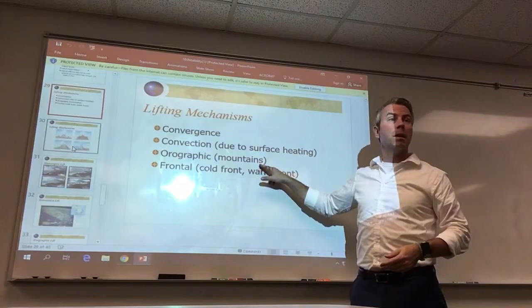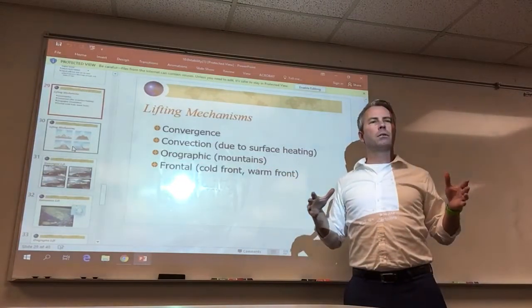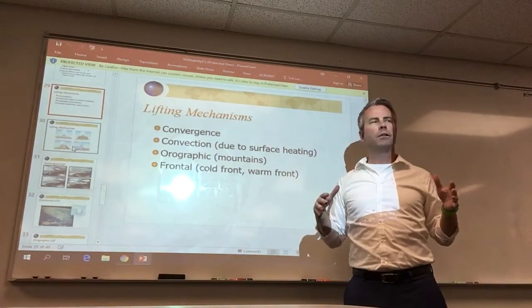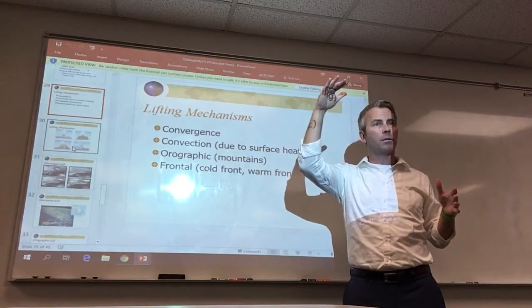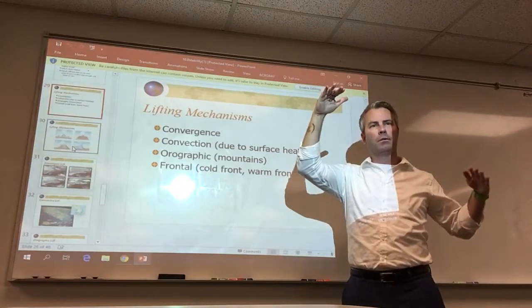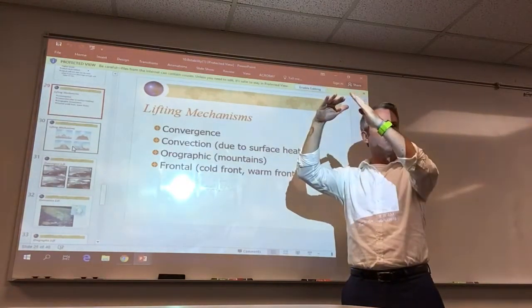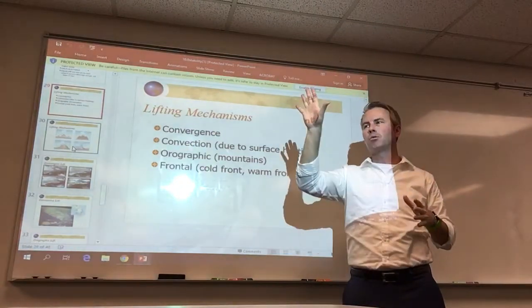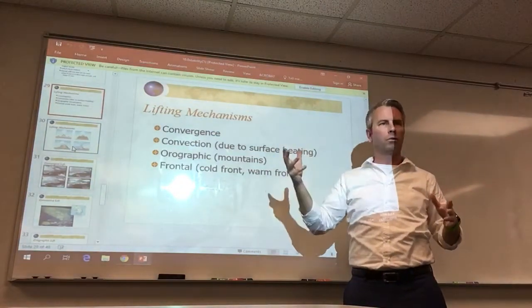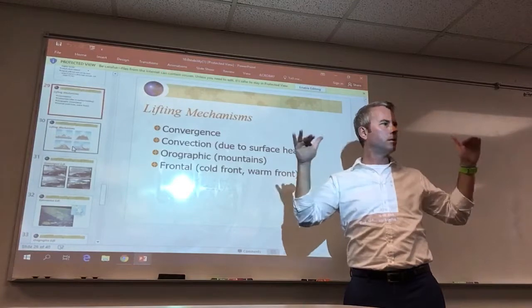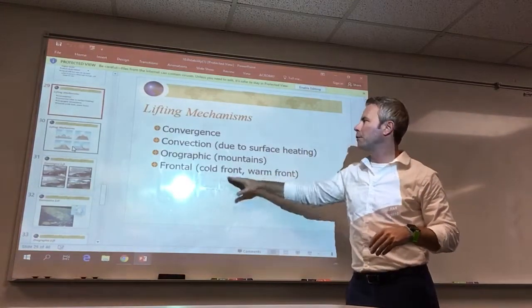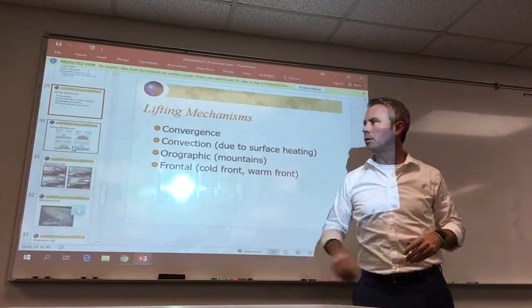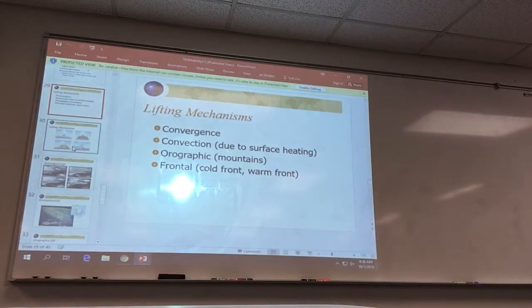Orographic lifting is mountains. If you've ever been out, or if you've seen pictures of mountains out west, do you ever notice sometimes they've got little clouds right on top of them? That's an example of air hitting the mountain. It moves up, so it's forcing its way up, and of course it cools to the point where it condenses. There's our cloud. And then of course we've got frontal lifting as well, and that's from warm and cold fronts. So let me show you what it looks like.